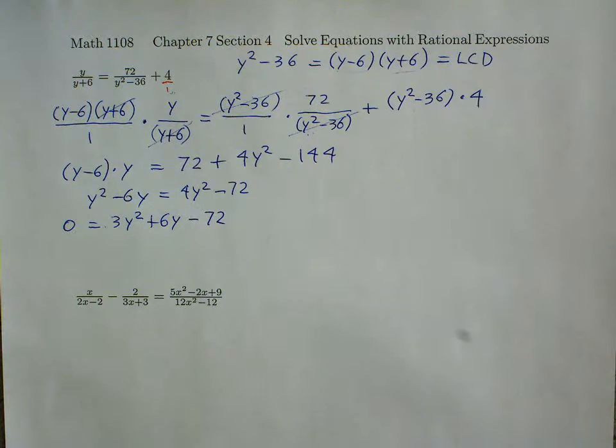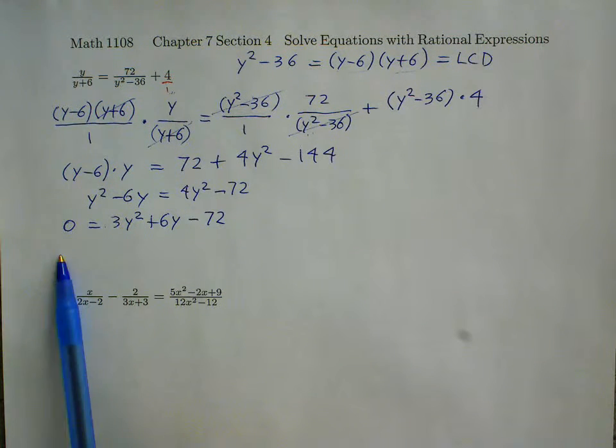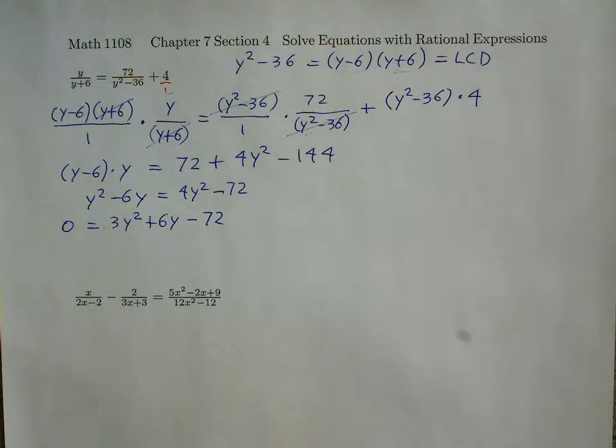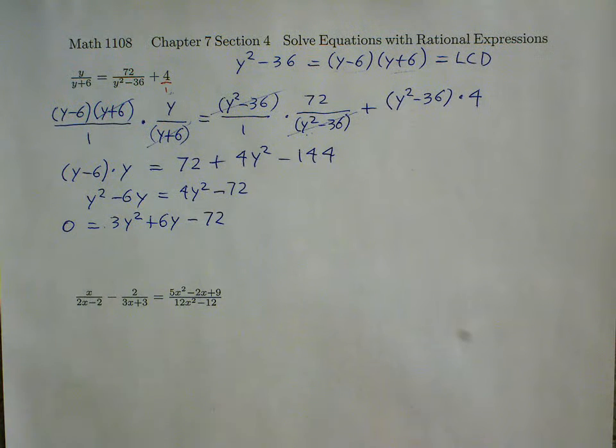Okay, now we'll see if we can factor the right-hand side. This is an equation that we're trying to solve. And on the right-hand side, the greatest common factor of all three terms is a non-zero number.